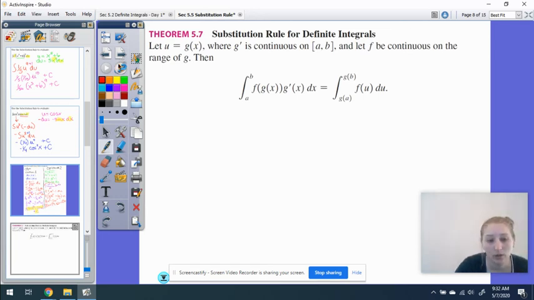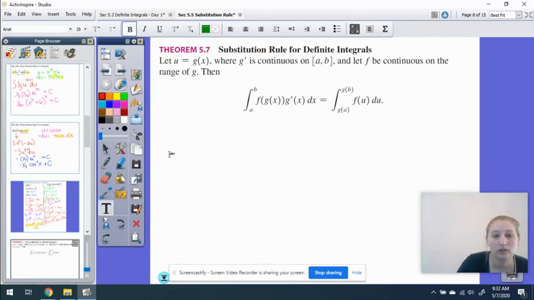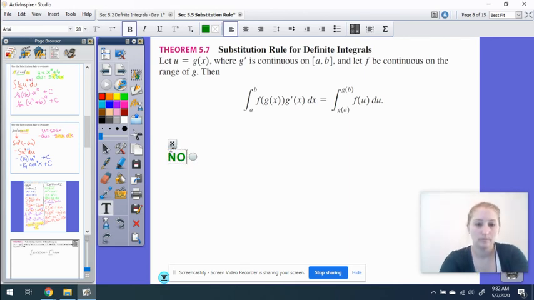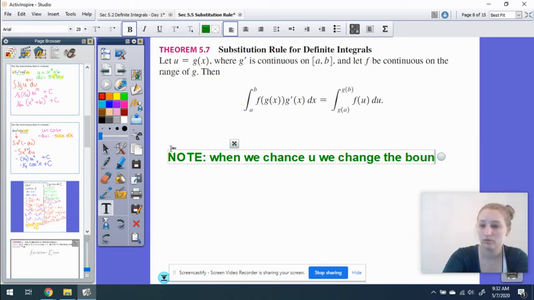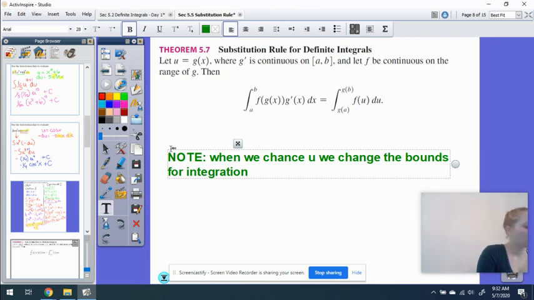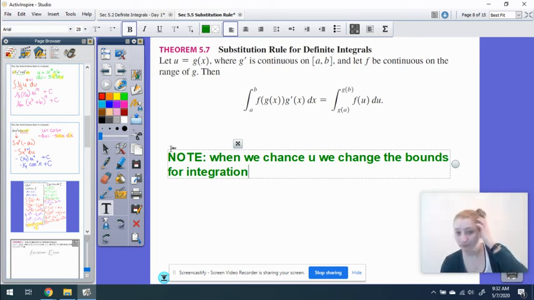So something that I want you to keep in mind with this is when we change u, we change the bounds for integration. Okay, so let's go ahead and do an example.